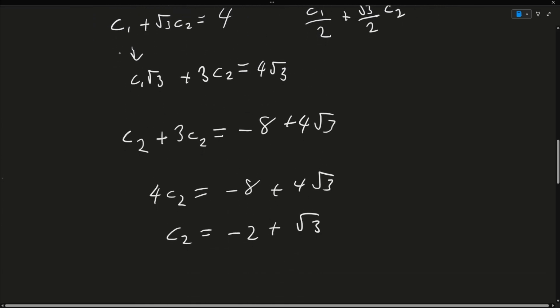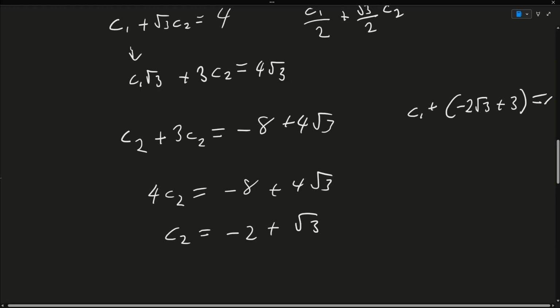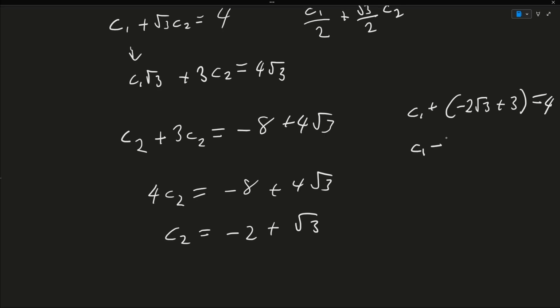So I'm going to use this equation, c1 plus root 3 times c2, which will be negative 2 root 3 plus 3, equals 4. So c1 minus 2 root 3 equals 1. I'm just sending this 3 to the right hand side. So c1 is going to be 1 plus 2 root 3.